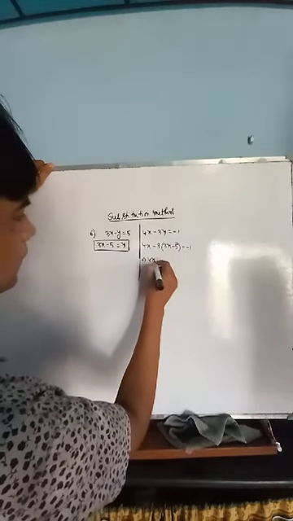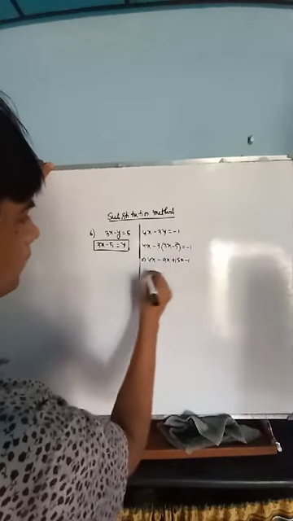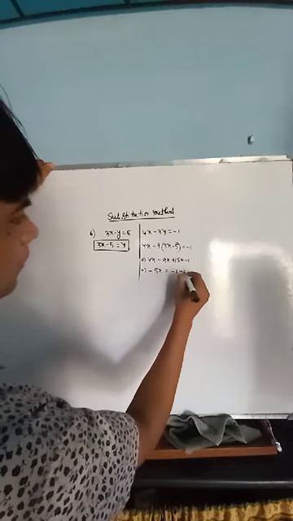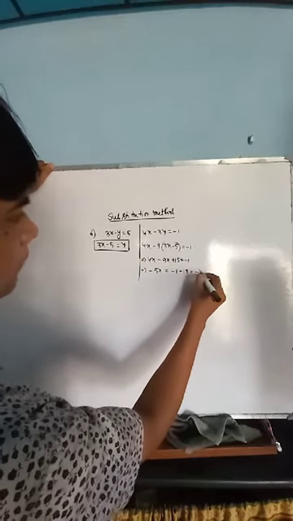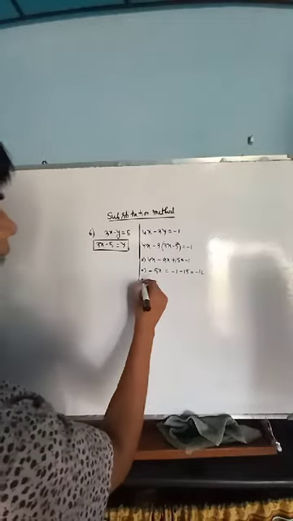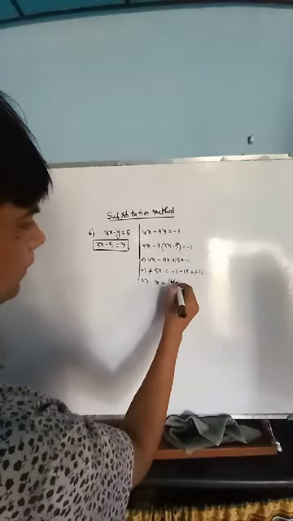So 4x minus 9x plus 15 is minus 1, minus 5x is minus 1 minus 15, that is minus 16. Understood? Okay. So the x value will be what? Minus minus cancel, 16 by 5.